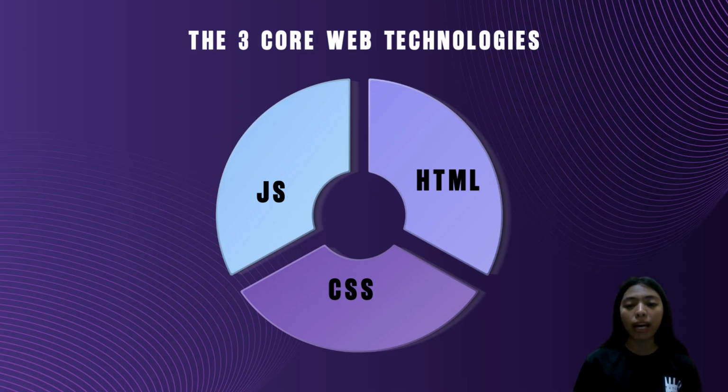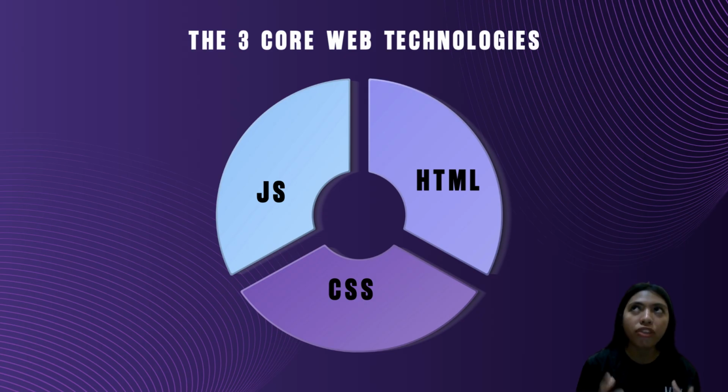First, HTML, which is hypertext markup language, gives structure or content. Next is CSS, which is cascading style sheets, and it adds design and visual styling. Next is JavaScript, and it adds interactivity and behavior. These three work together like a team.